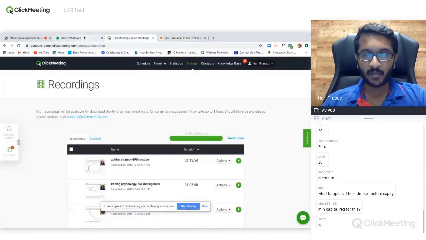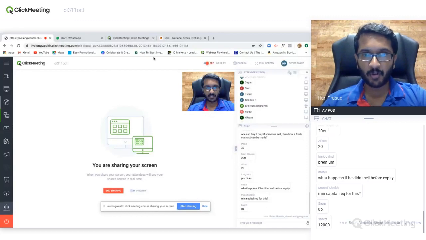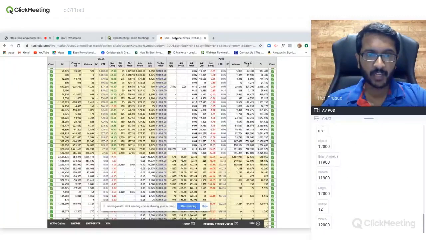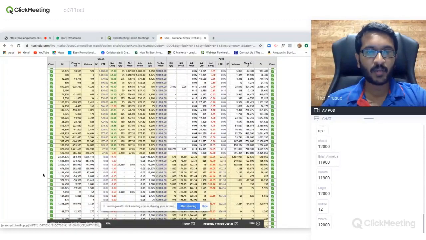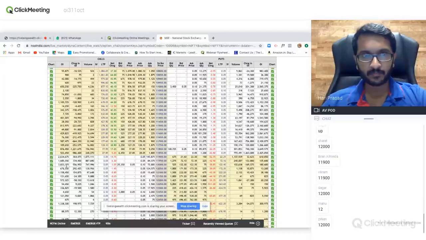At 11,900, the open interest is 2,634,000, while at 12,000, the open interest is 3.8 million. So which is greater?